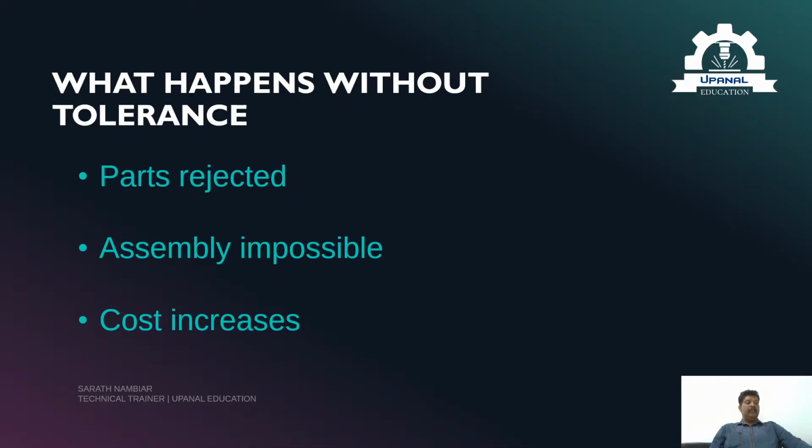That means the material is wasted, the time is wasted, production cost goes high, delivery will be delayed. Assembling will be impossible. So tolerance is not a compromise. It's a smart engineering decision that allows production to run smoothly.